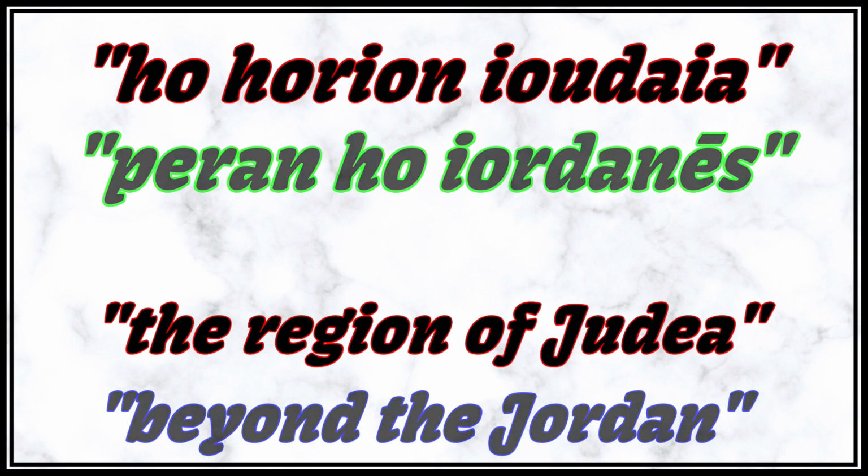And so what this tells us is that the east bank of the Jordan, where Jesus has gone to stay for a while, is adjacent to the region of Judea. It's obviously not in Judea, because Judea is on the west side of the Jordan River, but it's directly adjacent to the region of Judea.